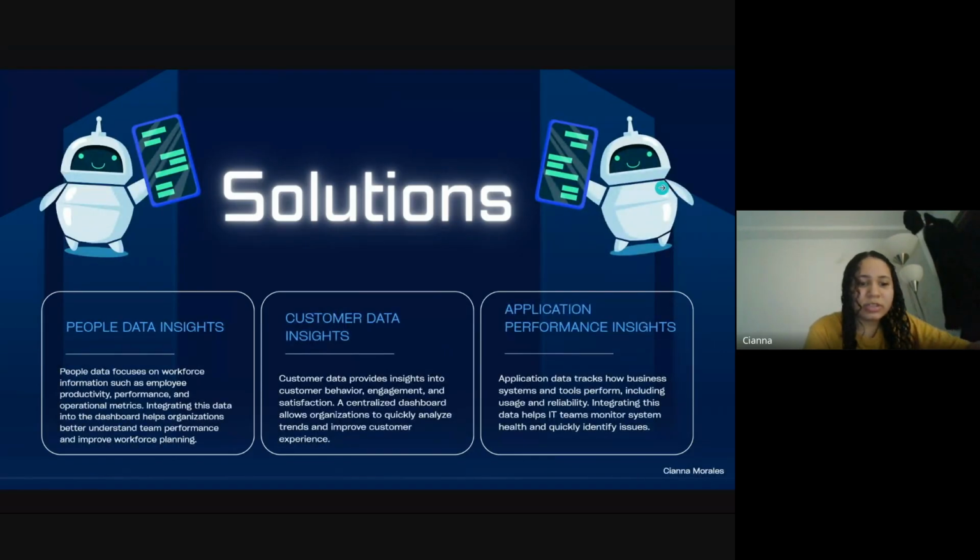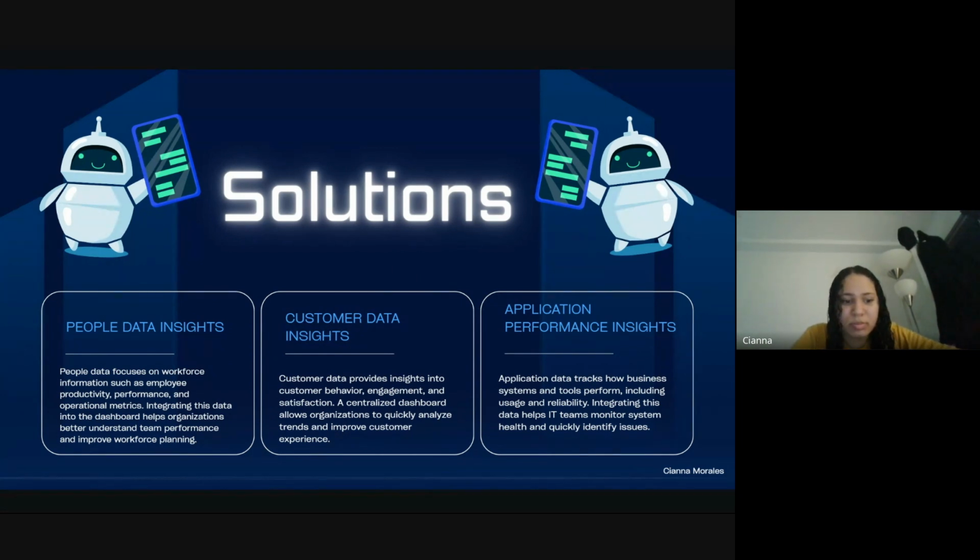And here I will discuss the solutions. For people data insights, a lot of people prefer to integrate this data into the dashboard, which allows organizations to better understand team performance. So using our dashboards, we'll have all organized data, as well as improve workforce planning and understand teams' performance.